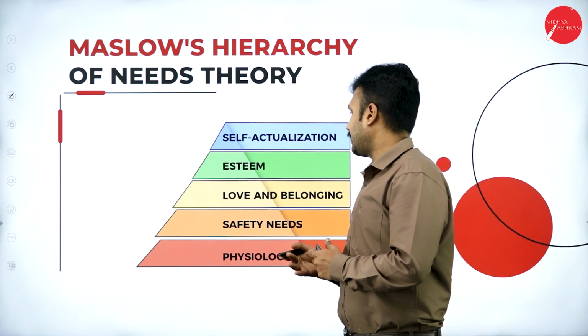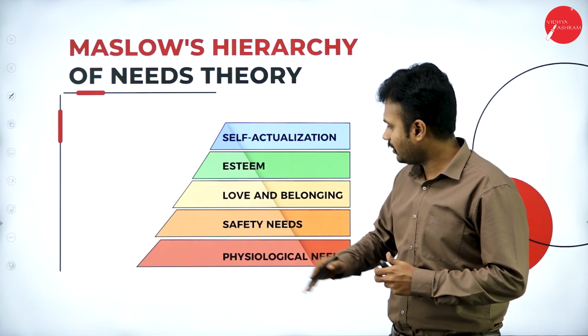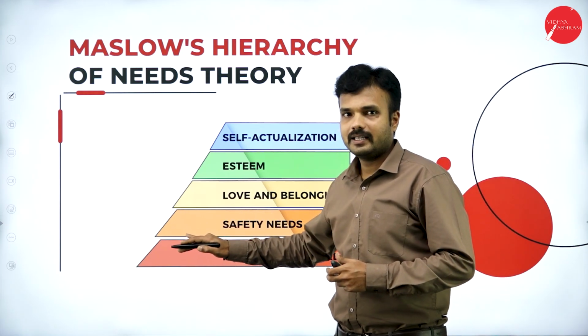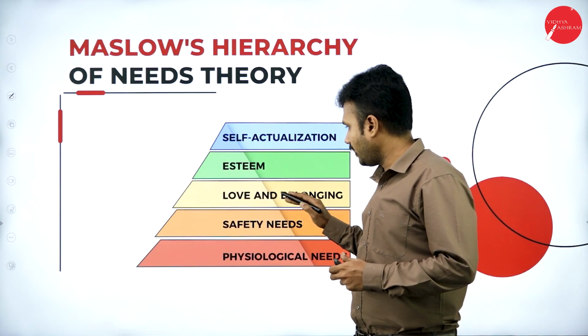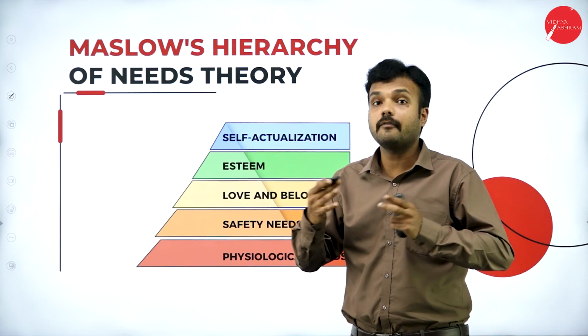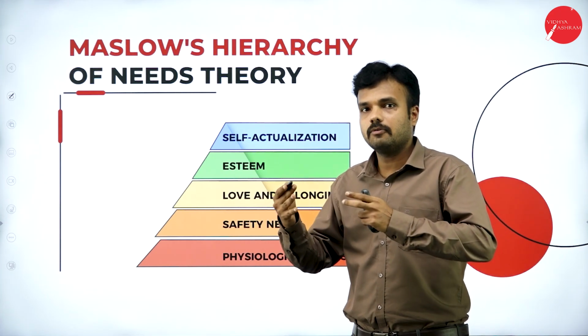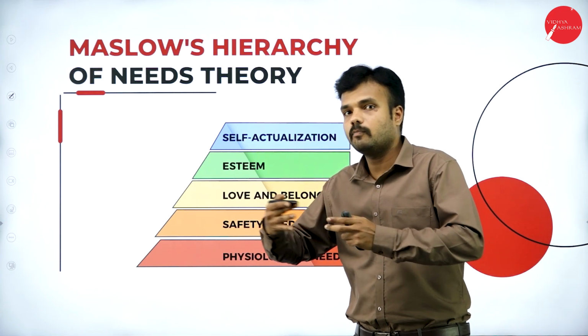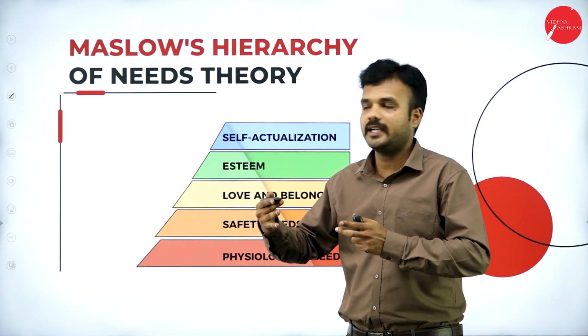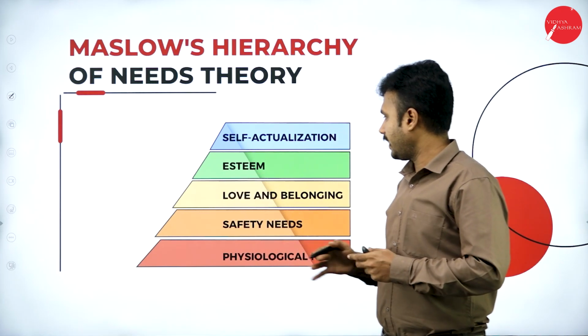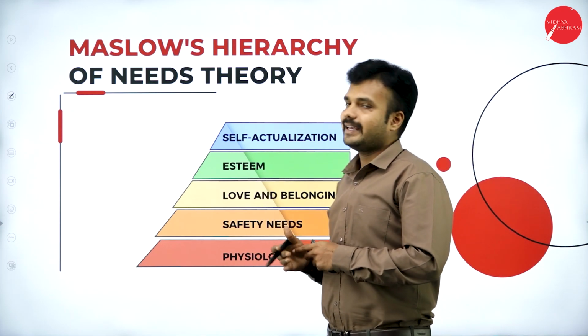Love and belongingness. After fulfilling the safety need, he goes towards love and belongingness. It consists of affection, love, good relationships, good bonding among the people in a society. That is love and belongingness. And esteem need.